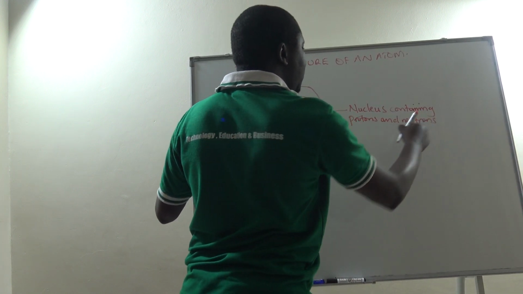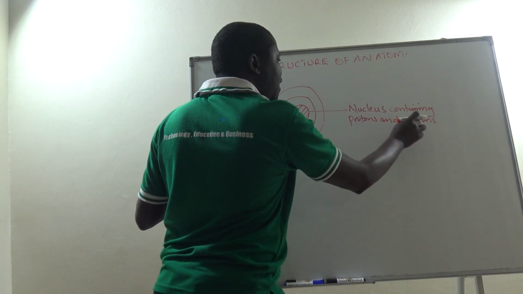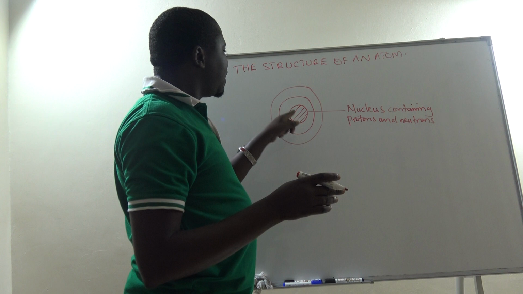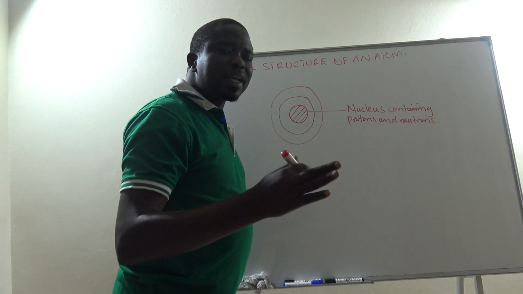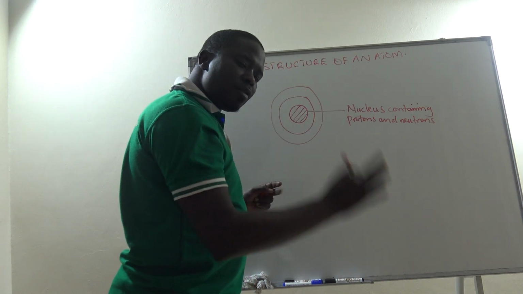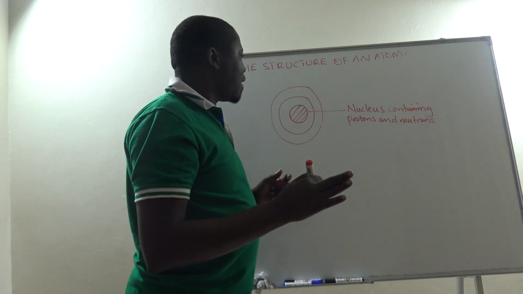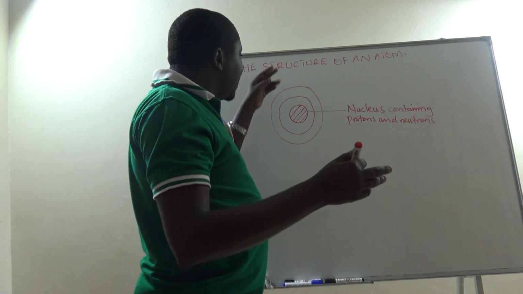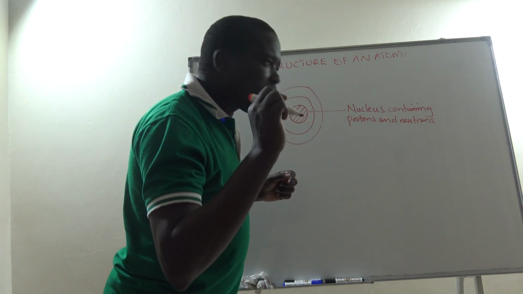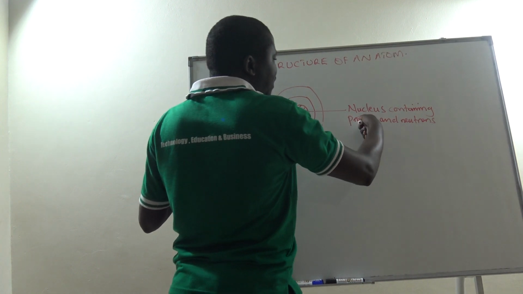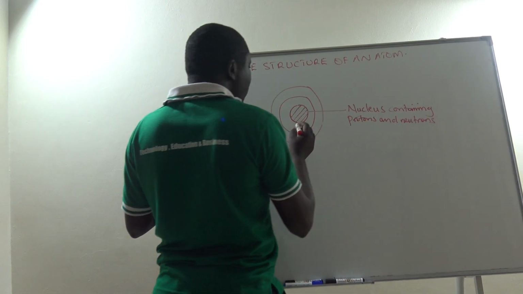Look at the spelling of neutrons. So the protons and neutrons are the subatomic particles, the particles found inside an atom. Remember that an atom is also a particle, the smallest indivisible particle of an element. And inside an atom, we also have some other particles. So we have seen that inside the nucleus, we have got the protons and we have the neutrons.